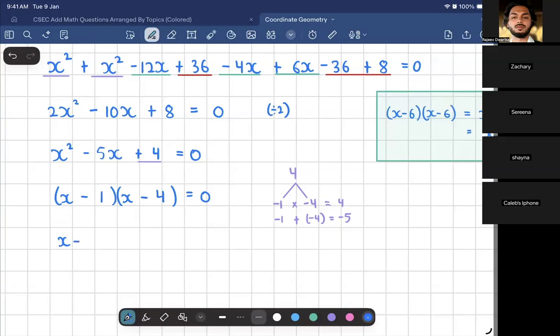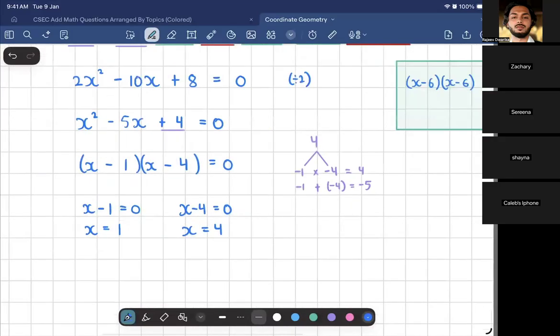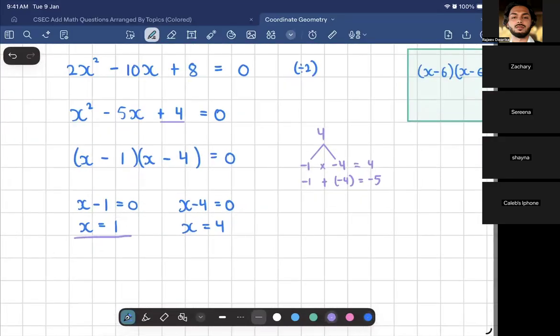So I would say x minus 1 is equal to what, Caleb? 0, sir. And I would say x minus 4 is equal to what? 0. Right. So x would be equal to what? 1. And x would be equal to? 4. Now we have two values for x.